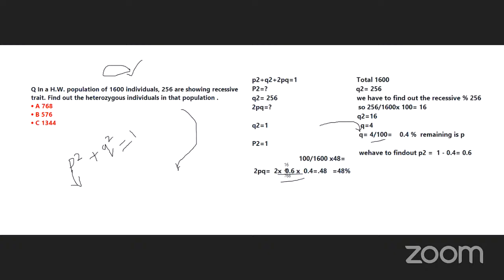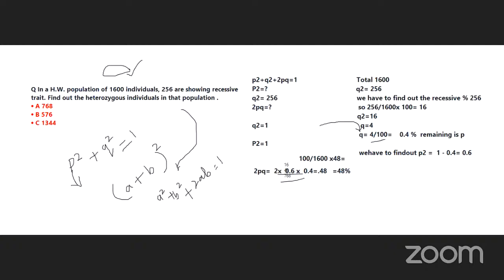It is similar to the algebraic formula, a plus b whole square. When you put it like this, what happens? a squared plus b squared plus 2ab, that is equal to 1.